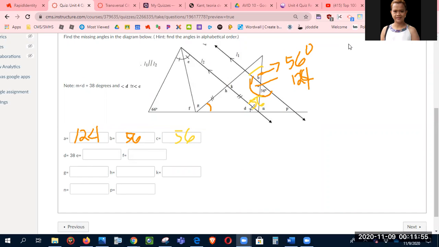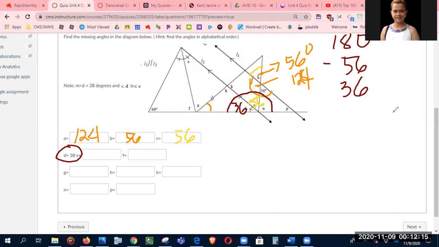As we can see here, it says D is 38. If this is 38 and that's 56, it can form 180 again, a straight line. So 56 plus 36, subtracted from 180, will give you 88.